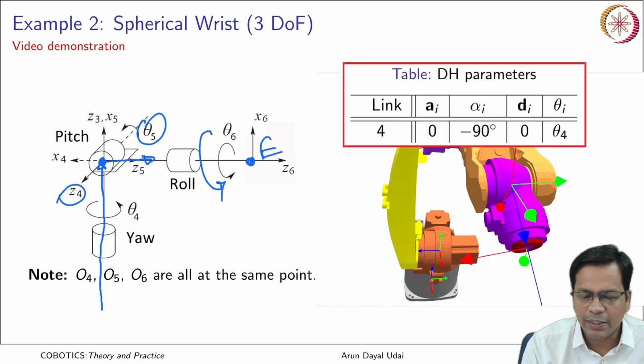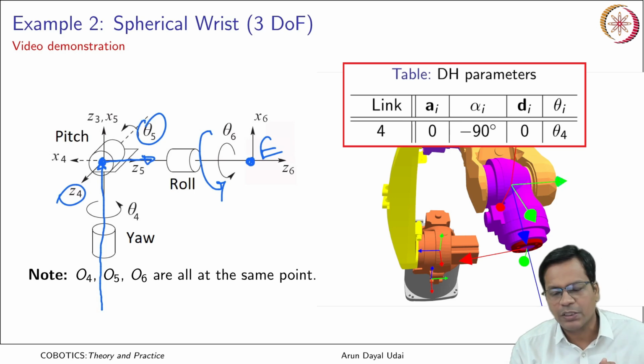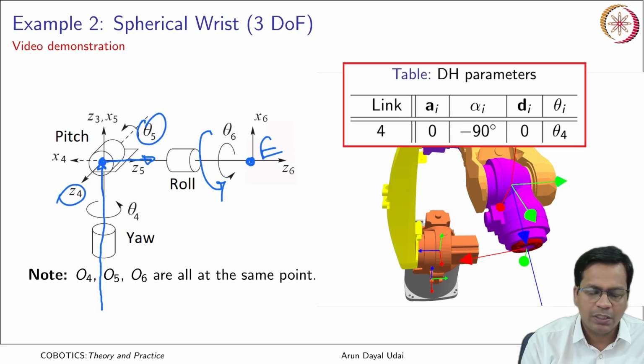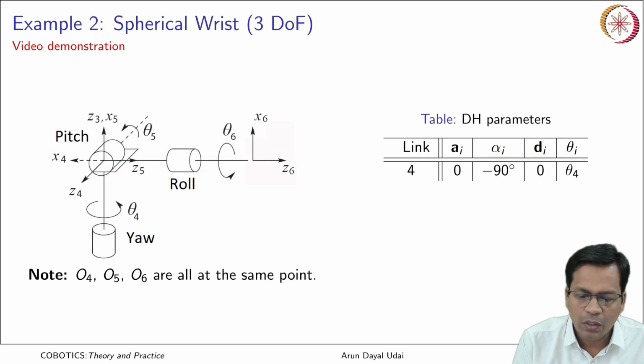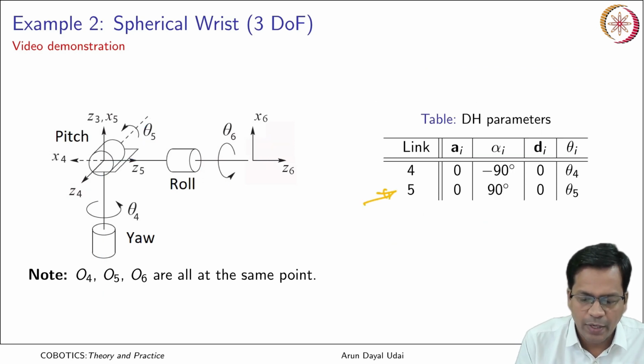Because there is no distance between Z3 and Z4, that makes A4 equal to 0. The angle between them measured about x is minus 90. Because the axes are intersecting, there is no offset, no distance traveled along the z axis. For link 5, A5 becomes equal to 0 because there is no distance between Z4 and Z5.